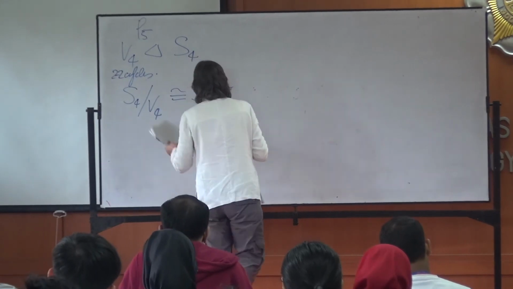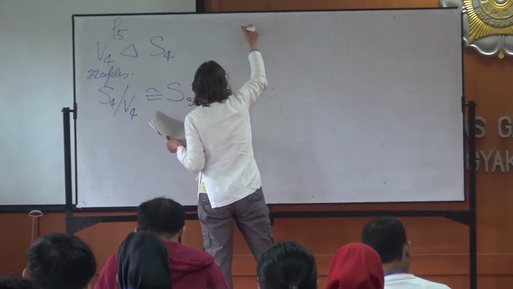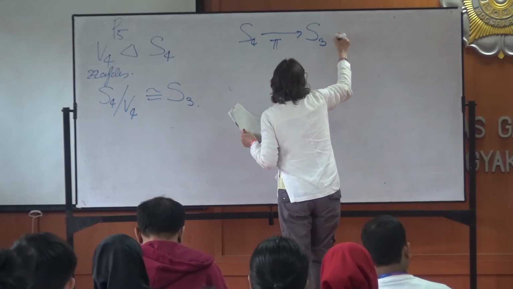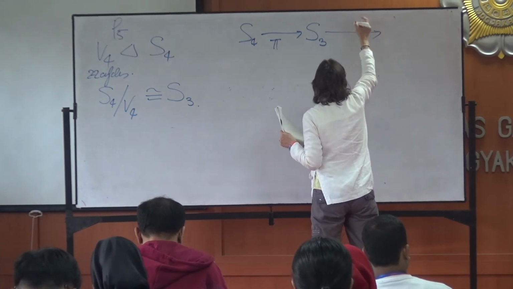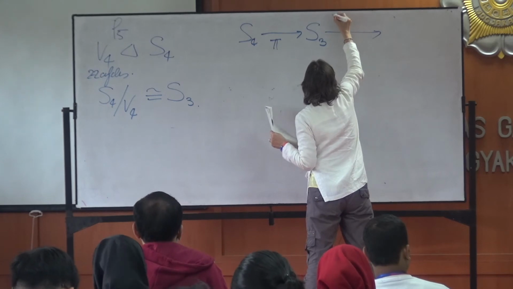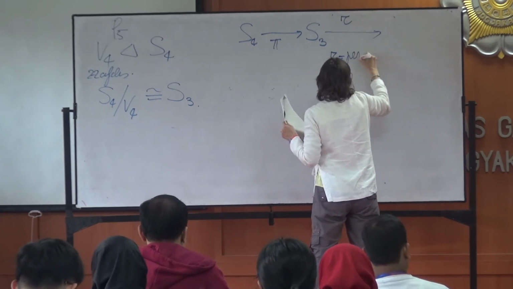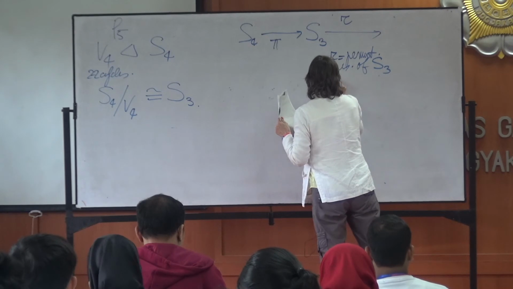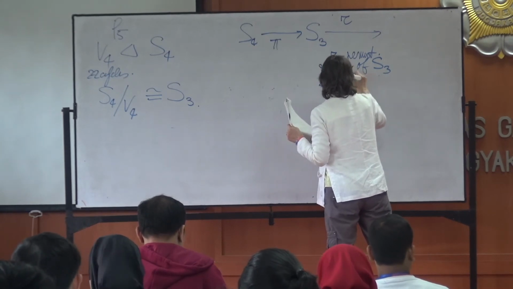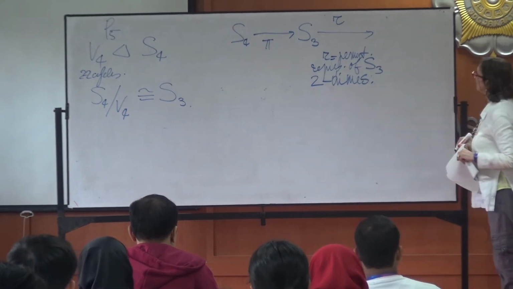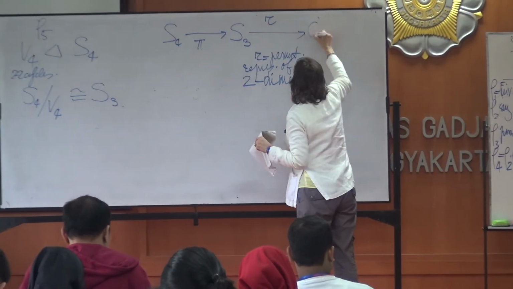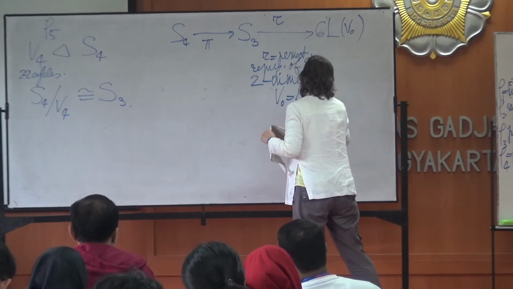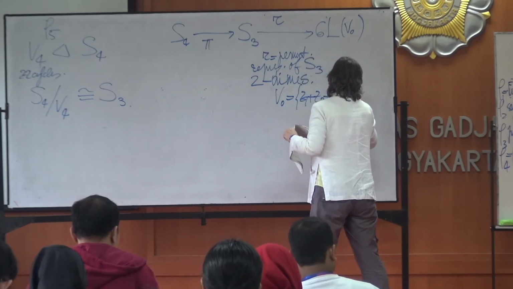So we construct row 5 as follows. We have S4, then the projection to S3, and then we take the two-dimensional irreducible permutation representation of S3, where V0 this time is the sum of coordinates equal to 0 in C3.